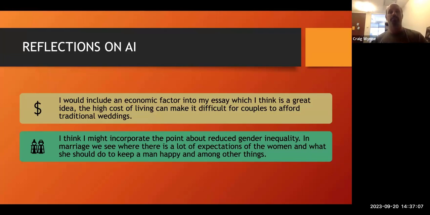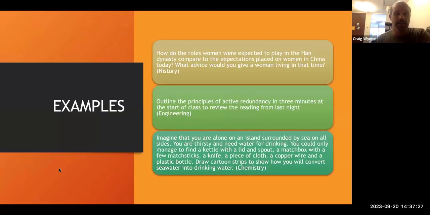And one person, after it generated a response, started thinking about gender equality and how that is reflected in marriage as well. So AI can be a very good tool in helping students generate ideas and to function as a scaffolding exercise as far as that goes.